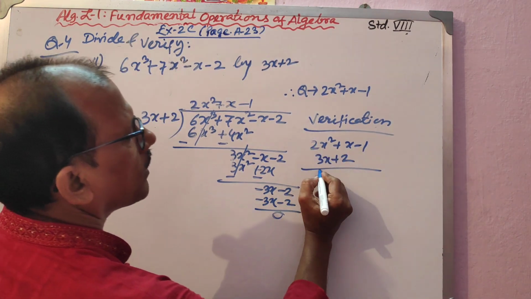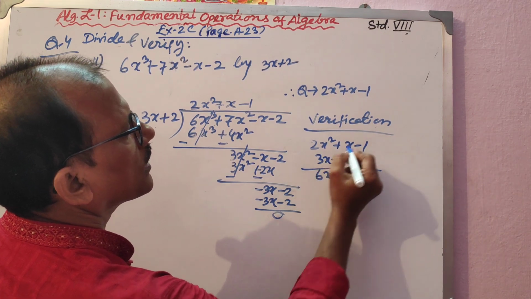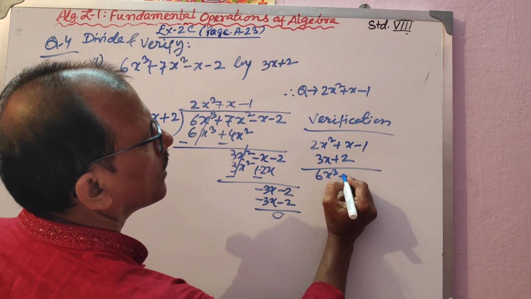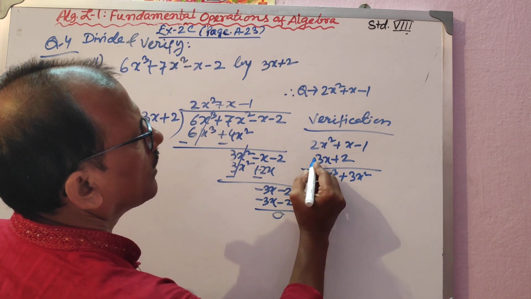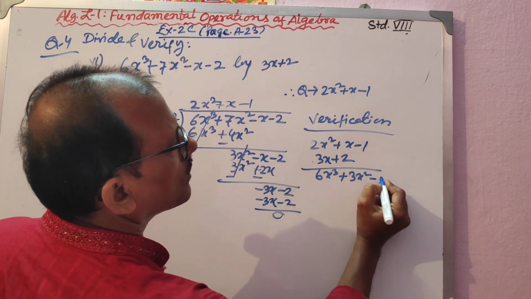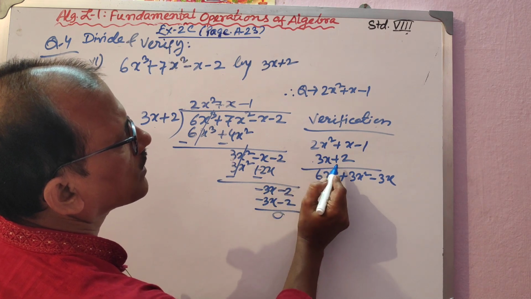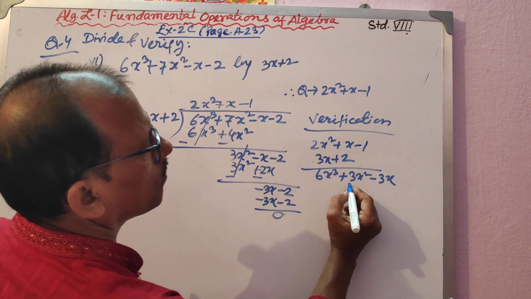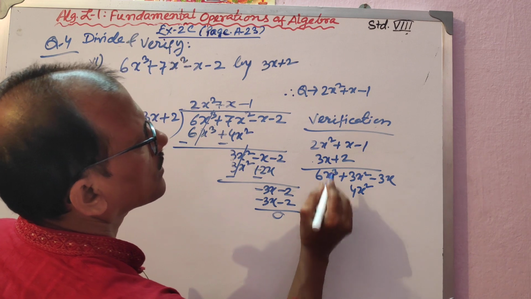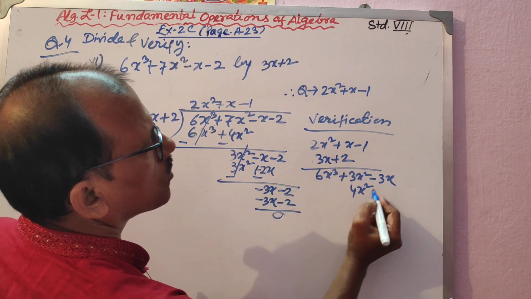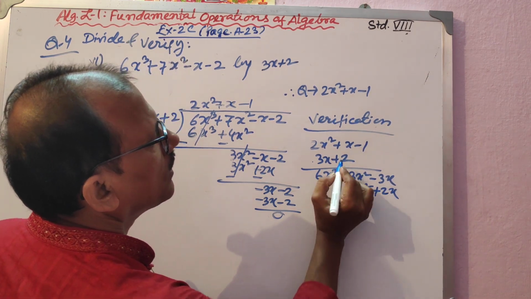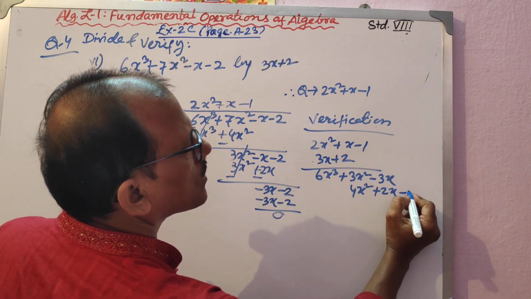3x you are multiplying with 2x square is 6x cube. 3x you are multiplying with x means plus 3x square. 3x you are multiplying with minus 1 is minus 3x. Now 2 you are multiplying, plus 4x square. 2 times 2x square, 4x square, you write down below the like term 4x square. Now plus 2x you will write down here, then minus 2.